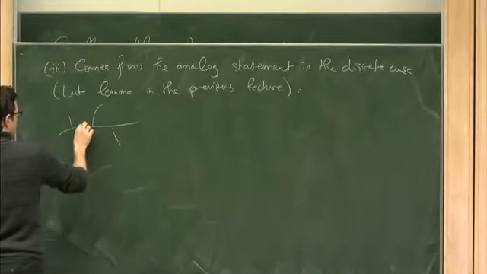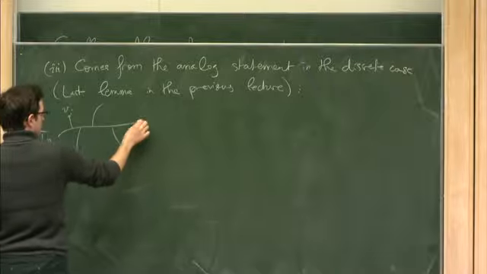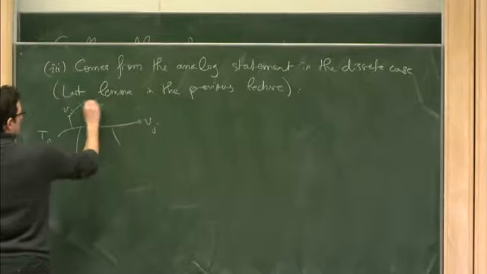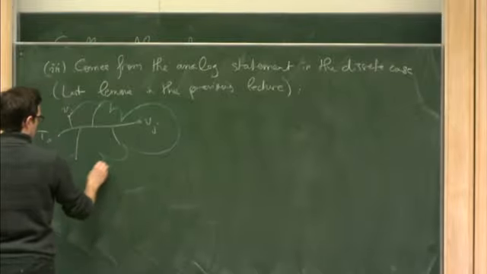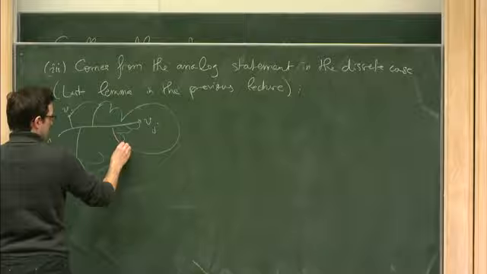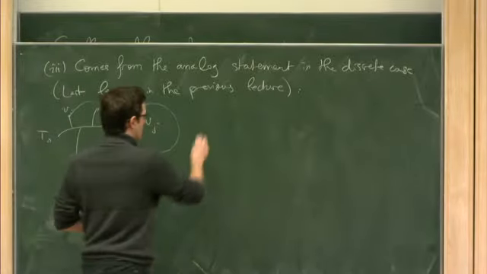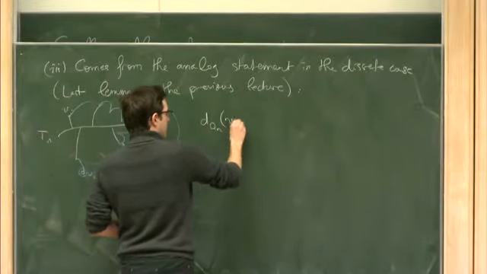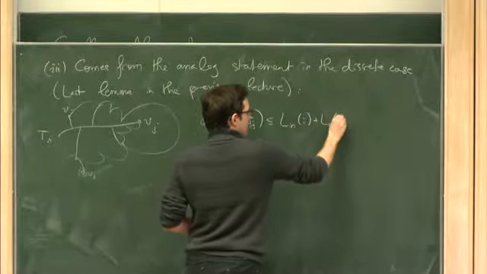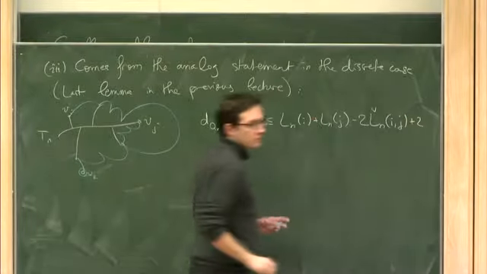So looking at the tree Tn, we wanted to construct a path going from Vi to Vj. And we did that by considering the chain of the geodesic of successors to V star until they meet at a certain point. The upper bound that we obtained was of the form dqn of Vi, Vj is less than ln of i plus ln of j minus twice the minimum of ln between i and j, plus 2.